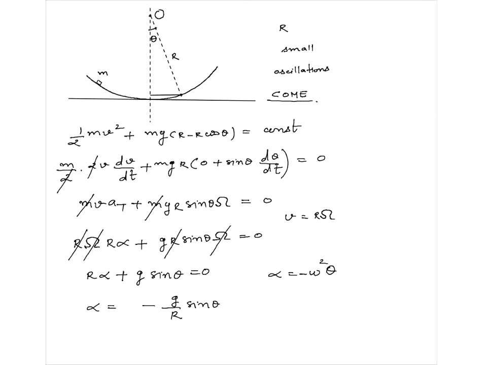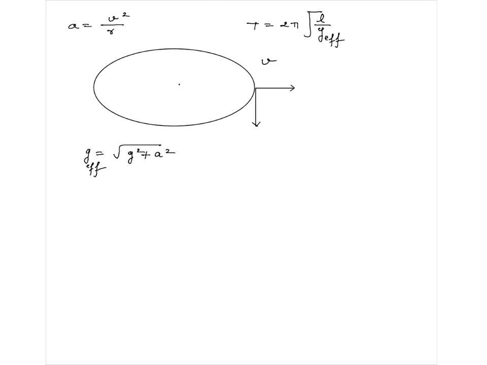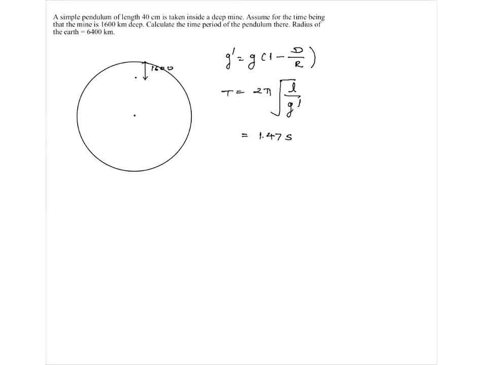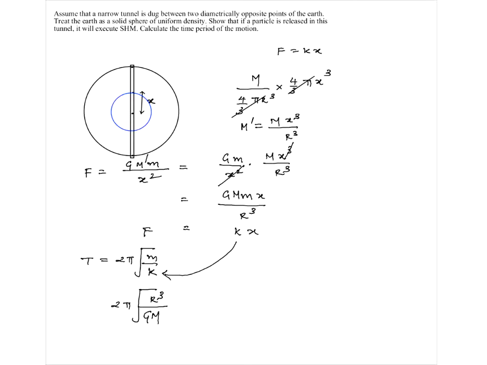If oscillations are not small, it won't be SHM. In many questions you will see small oscillations, but note that in this question of Earth, there was no mention of small oscillations. So whether they were small or big, they would be SHM in this problem, but not in this.